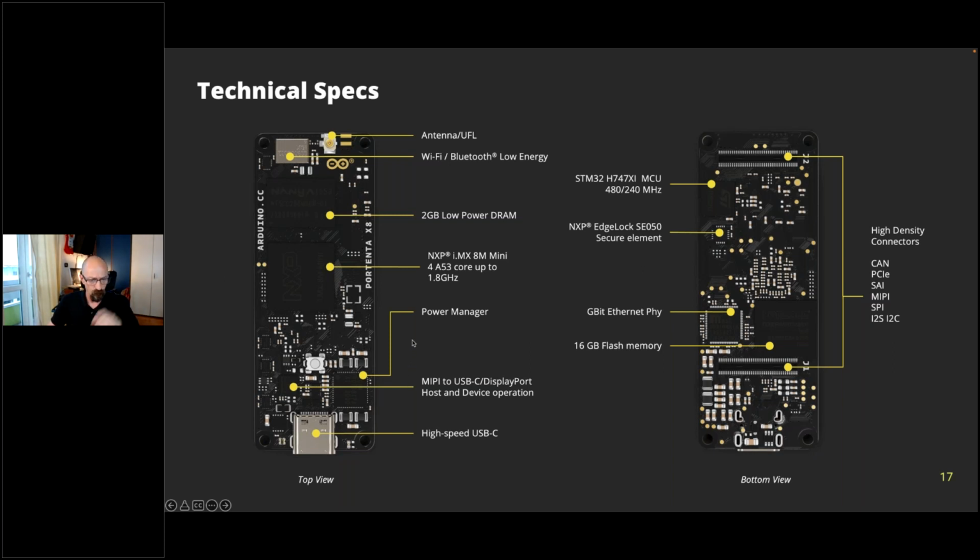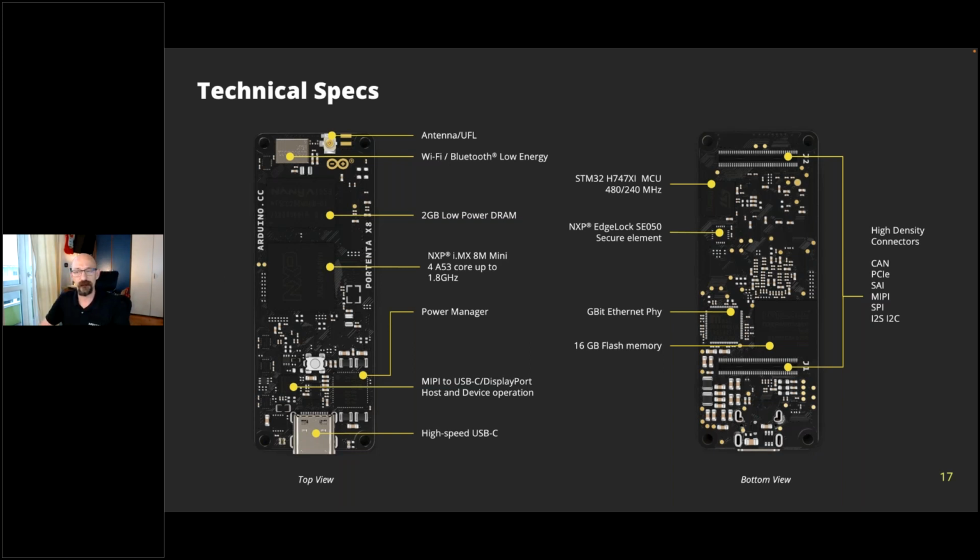And there's a chip dedicated to powering all the rails that are needed for the board. And then we have a high-speed USB-C connector, the first one on Arduino boards, that also provides DisplayPort output and can act as host or device. On the bottom of the board, we have the MCU, the STM32H747, at 480 and 240 megahertz.